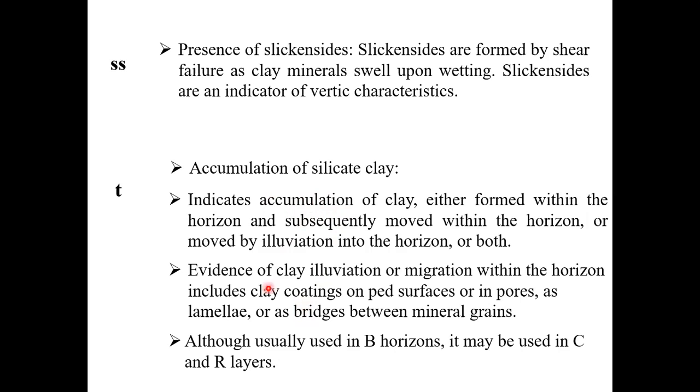During this movement you can see some coating, the clay particles coating, and it forms bridges between the pores. So generally most of this T type of characteristics will be present in the B horizon, but sometimes it may go to C and R layers also, based on the climatic conditions.